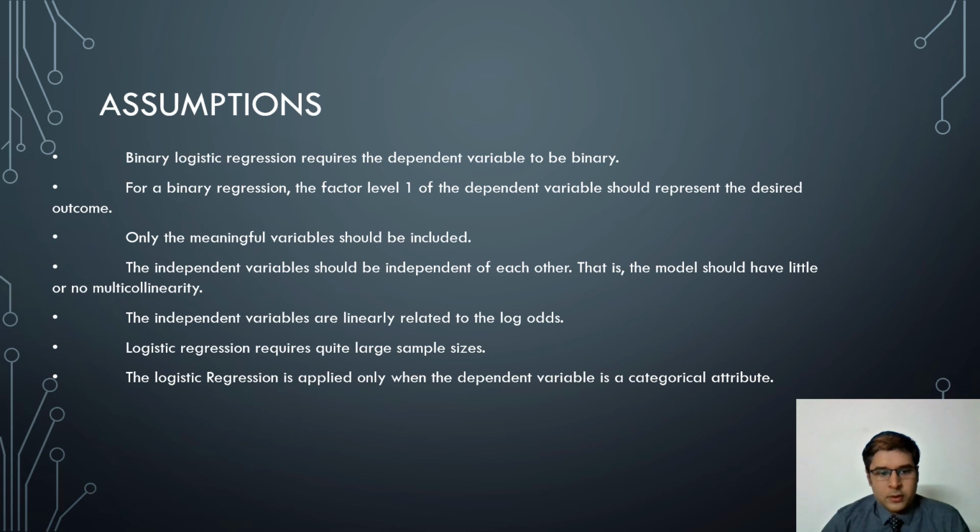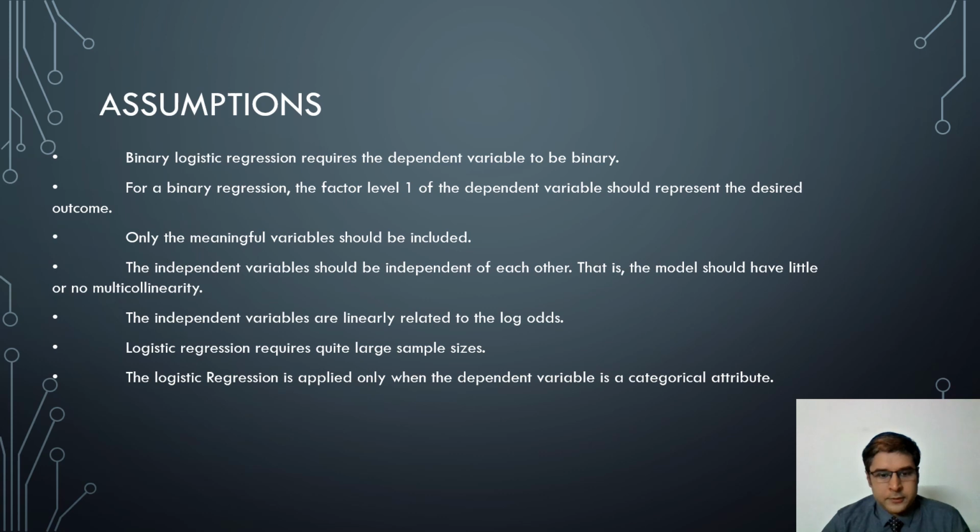It is talking about the predictor variables: only those which are relevant to the model should be included. The independent variables should be independent of each other. That is, the model should have little or no multicollinearity. Collinearity happens when one predictor variable is dependent on another, so it should not happen.